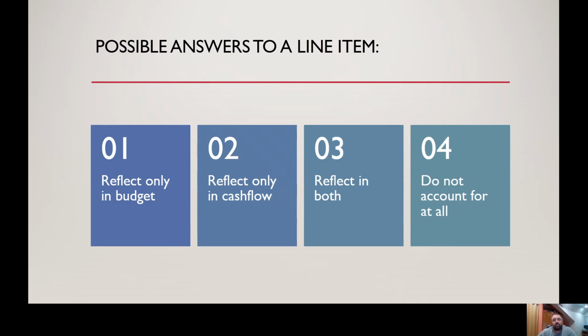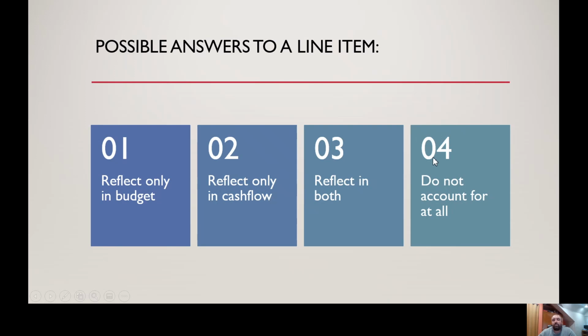So again, we're going to do a teaching example. For every line item in the teaching example, we've basically got one of 4 options. Either we are only going to reflect that line item or the question in the budget, or we are only going to show it in the cash flow. We could have items that give us info about both, so that one line gets inserted into your budget and your cash flow.